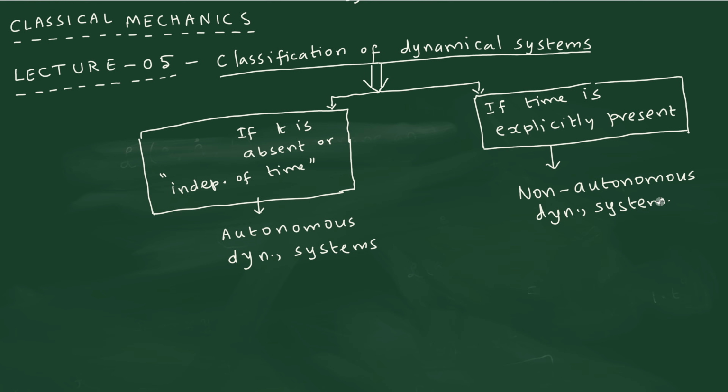Ultimately you should remember that a dynamical system is going to be written in the form of a set of coupled differential equations, and if you want to study the dynamics, you have to solve them. The solution of the differential equation tells us about the dynamics or the behavior of the dynamical system. So ultimately, we need to get the solution to the differential equation. And when time is present in the equation, the methodology of the solution is different.